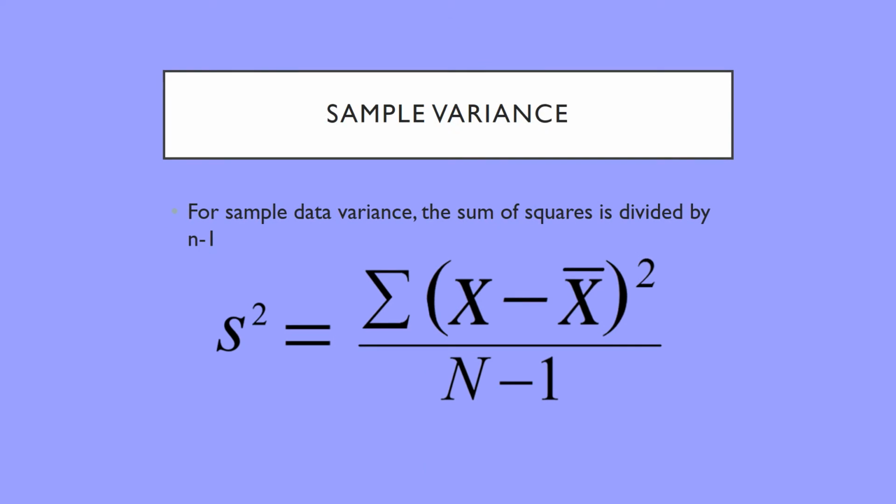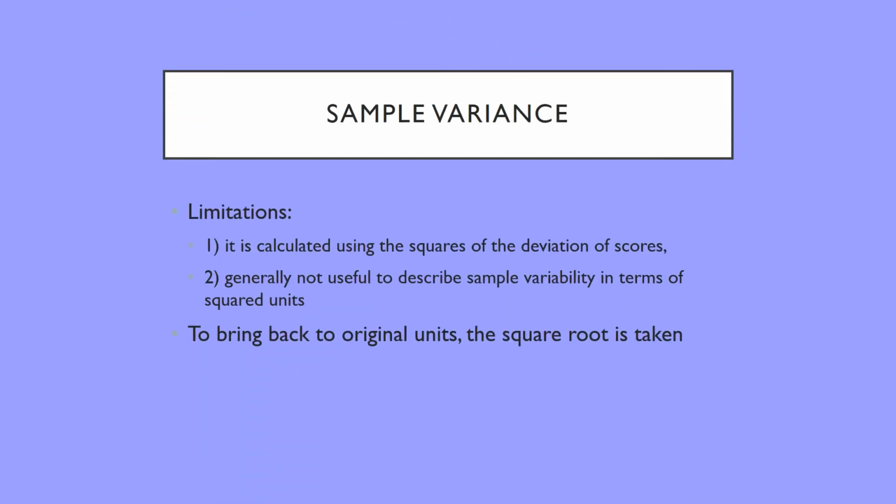If you're unable to test the entire population, researchers use data from a sample of the population. So then the sum of squares is divided by n minus 1 to determine sample variance. The formula for sample variance is shown on this slide. There are some limitations to variance.